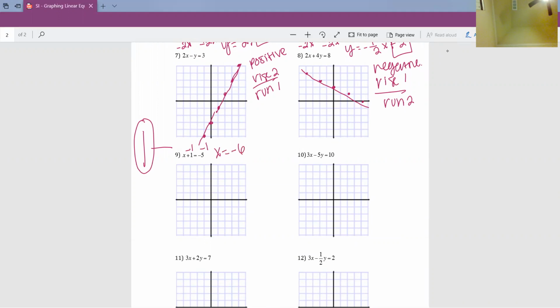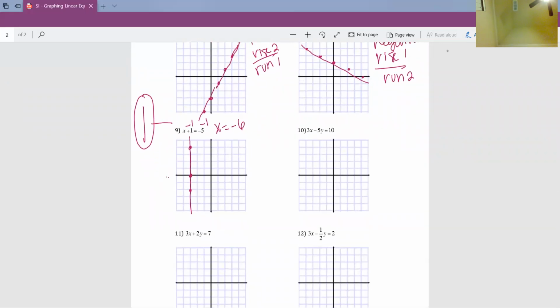Well, we can't go all the way to -6 because it'd be like right here. So I'm just going to count by 2s. So -2, -4, -6. With that, it's going to be a vertical line because no matter if your point's here or here, your x value will always be -6. So horizontal line, it's going through the x-axis.